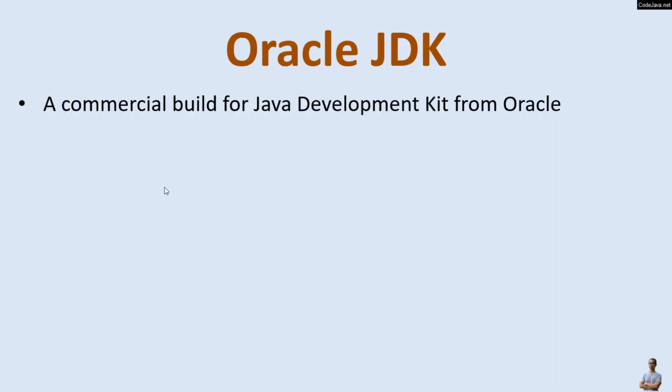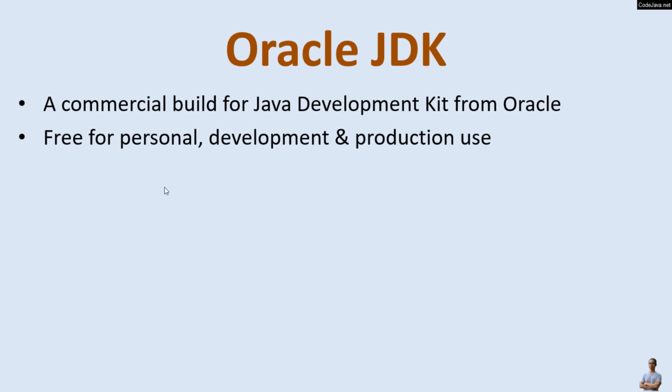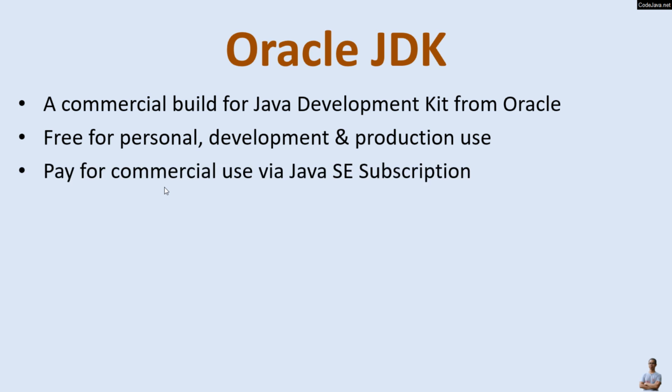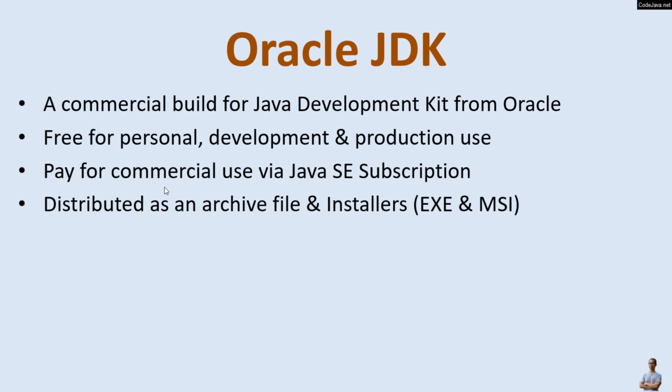Let's understand briefly about Oracle JDK. Oracle JDK is the commercial build for Java Development Kit from Oracle Corporation. It's free for personal development and production use, but businesses should pay for commercial use via Java SE subscription.